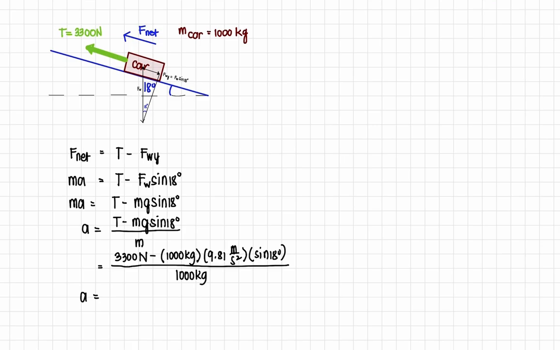So 3,300 minus 1,000 times 9.81 sine of 18 degrees divided by 1,000. Your answer is, let's round it off up to the fourth decimal place. That's 0.2685. And the unit is meters per second squared.